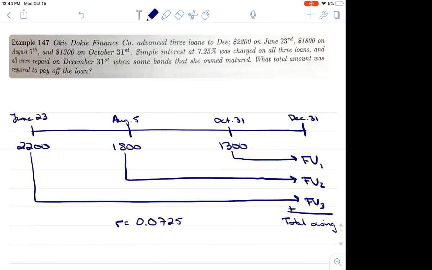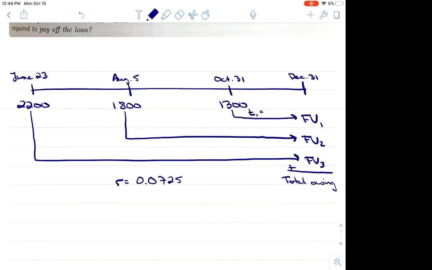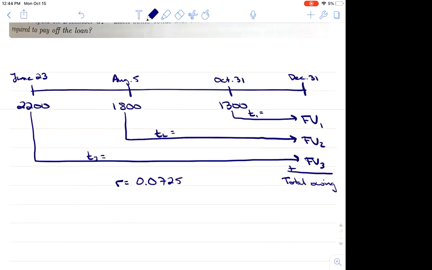So I'll say T subscript 1 equals, we're not going to do it because I don't think we'll have time today. Well, maybe T1, but T2 equals and T3 equals.